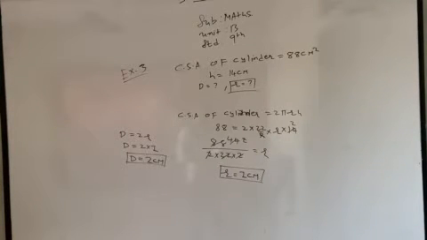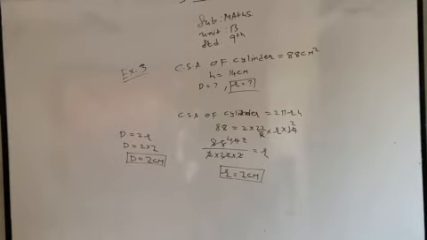Similarly, we need to solve the second one. It is required to make a closed cylindrical tank of height 1 meter and base diameter 140 centimeter from a metal sheet. How many square meters of sheet are required for the same?